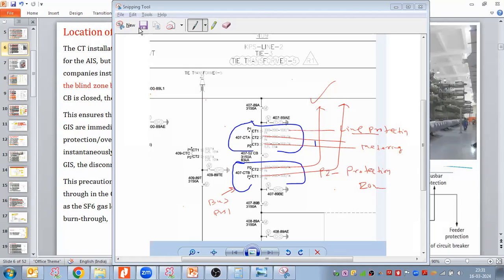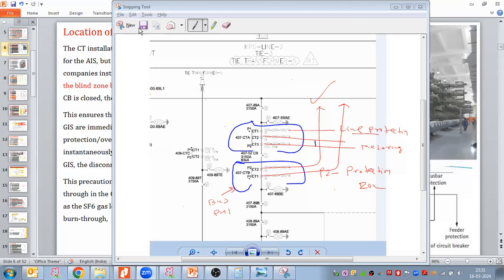In the 220 kV system here, sir, main bus 1 and main bus 2 will be in the picture. At the time of the bus coupler, how to decide the CT locations of the bus coupling? Because they have one breaker, which side of the CT will be connected?